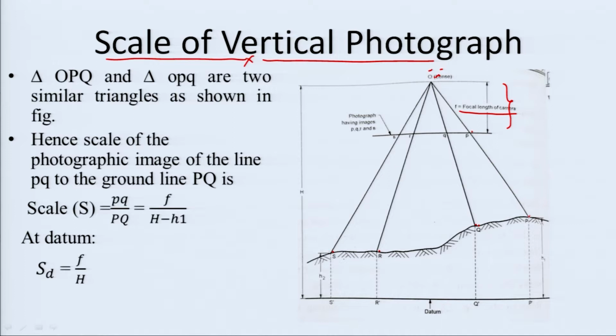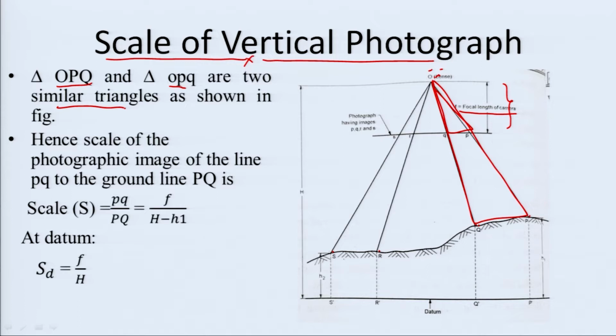Now, according to scale, that is map distance upon ground distance, consider two different triangles, that is OPQ and O small p small q, this triangle, this and this. By using the properties of similar triangles we can determine the scale.